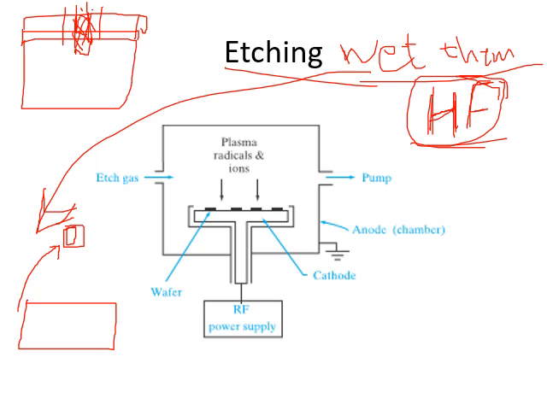Here what was the problem? It was selective, right? Where we wanted the etching, it was doing, but it was isotropic. But we want anisotropic and we want selective. Both the properties should be satisfied.